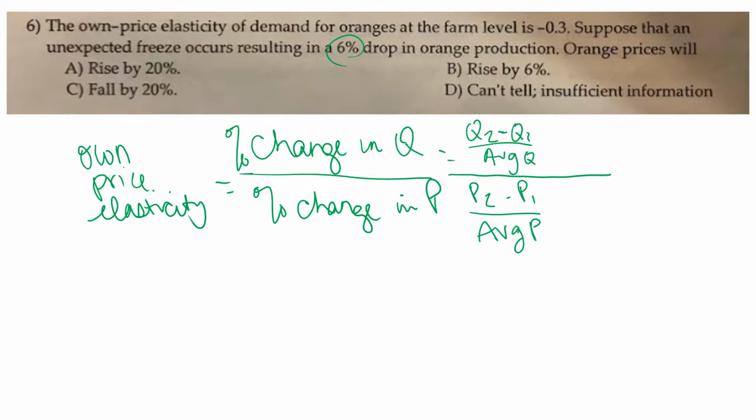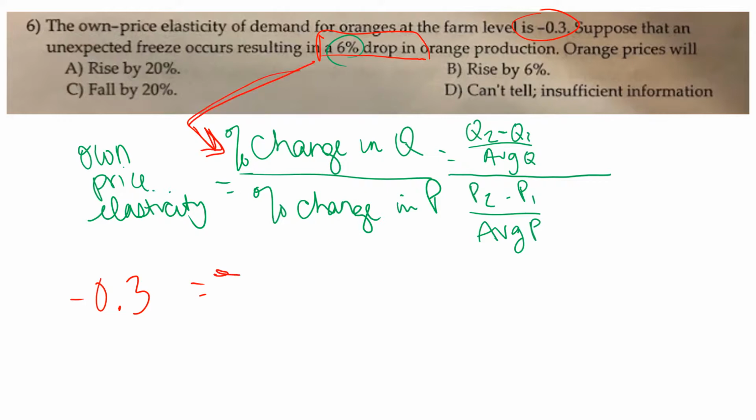Okay, so let's see what we can plug in. The own price elasticity of demand for oranges at the farm level is negative 0.3, so they gave us the own price elasticity. An unexpected freeze results in a 6% drop in orange production, so they're talking about the percent change in quantity.